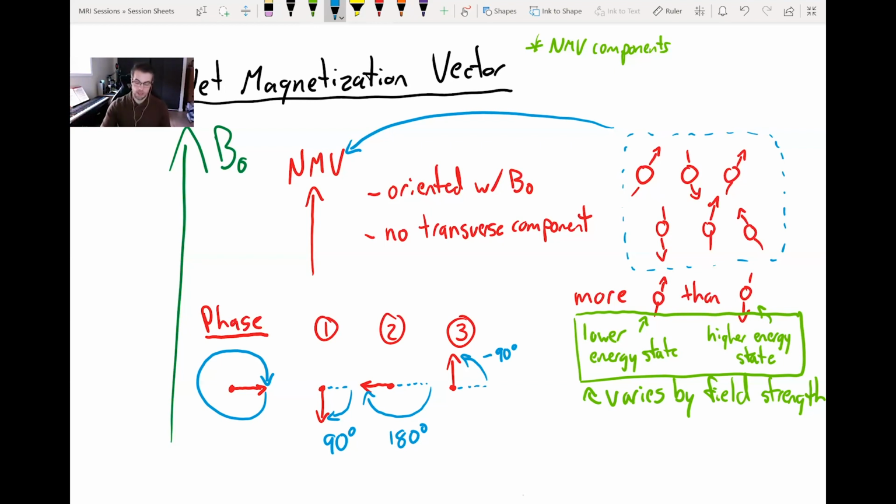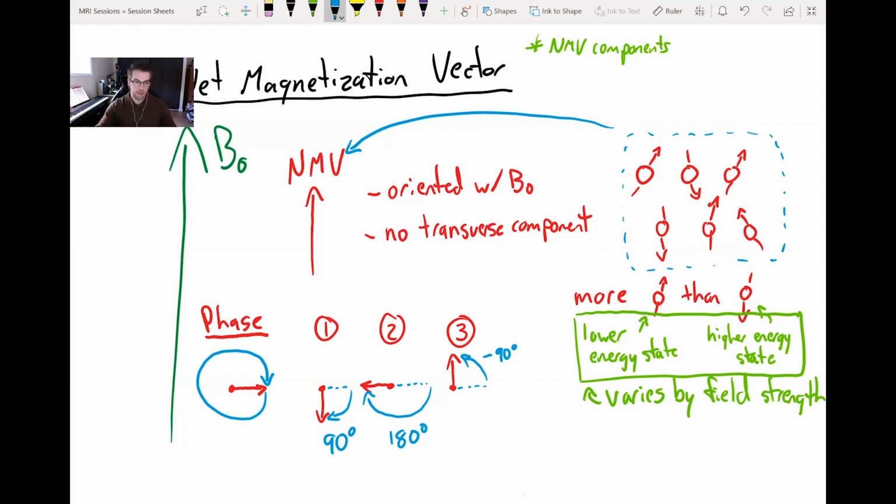And again, just another way to contextualize the transverse components in terms of phase is that each of these hydrogen atoms that is composing our net magnetization vector has a random phase. So they all, in their precession cycle, are canceling each other out and there's no transverse magnetization. But all of them are oriented vertically, so there is a net vertical orientation of the vector.